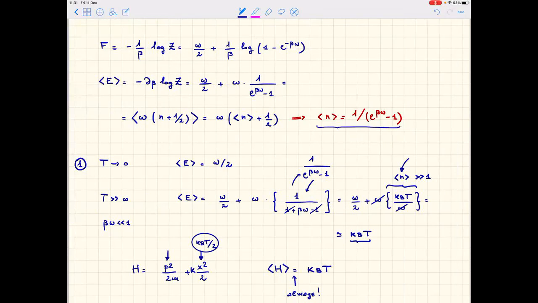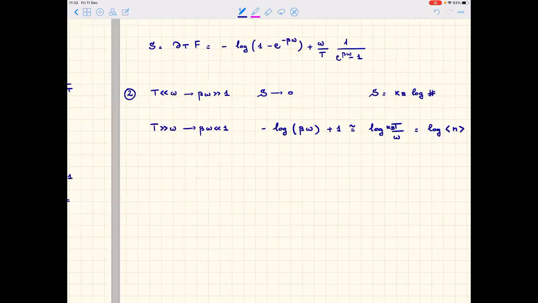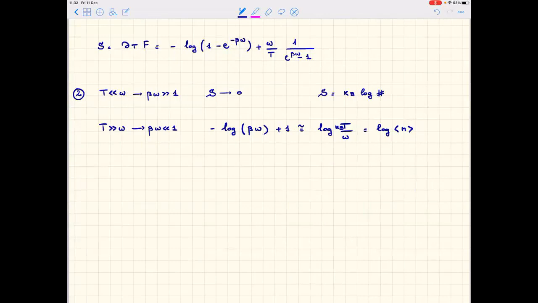Average n is 1 over e to the beta omega minus 1, and beta is equal to 1 over k_B T. Now, if you expand for beta omega much smaller than 1, you will get that average n is k_B T divided by omega. Oh, yeah, I see. Okay? Yes. Then everything is fine.